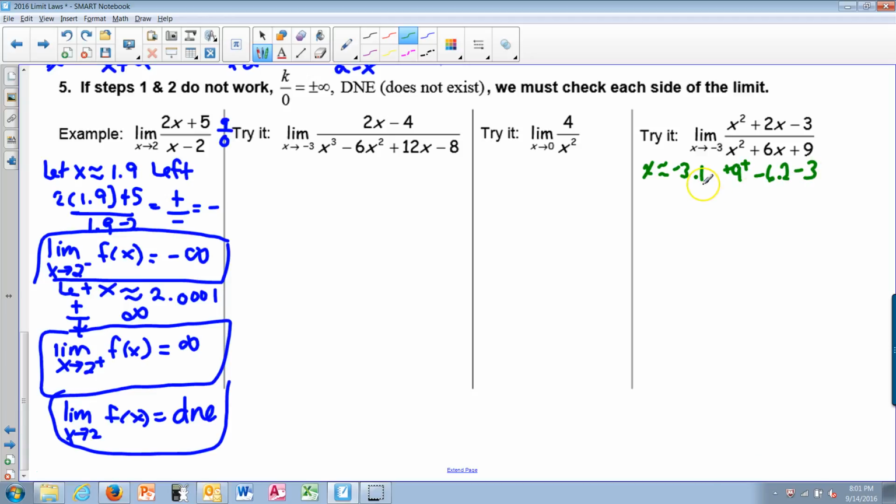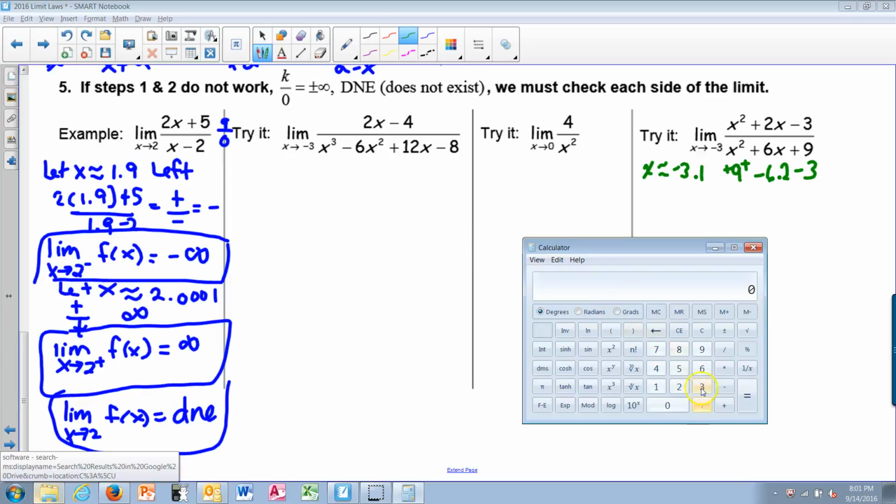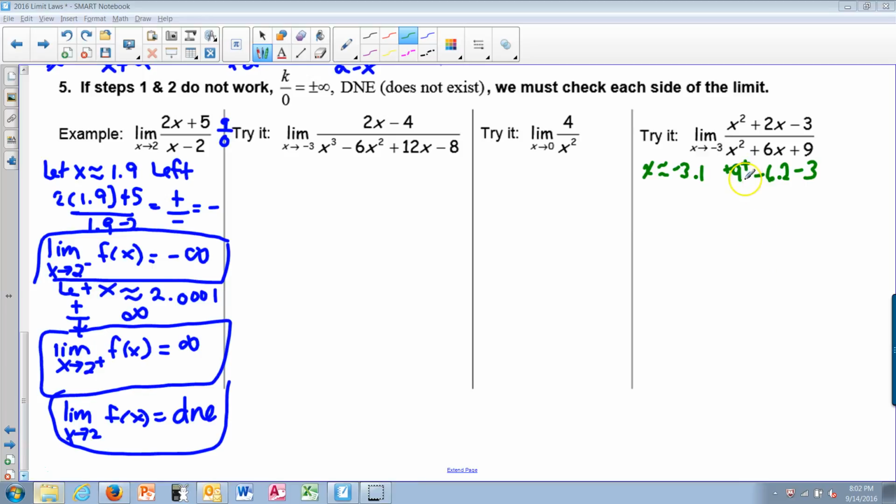But this 0.1 squared, 0.1 times 0.1, is going to end up being what type of value? So if you're not sure, you can do 3.1 times 3.1. But notice what happens. 9.61, so we go into the hundredths place. So 9.61 minus 6.2 minus 3 is actually a positive number.